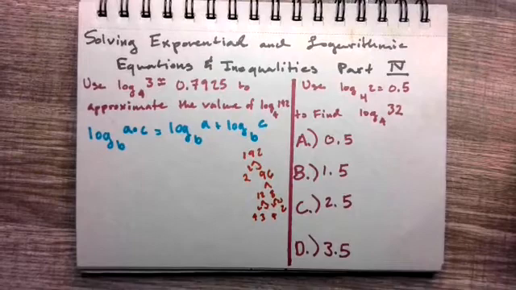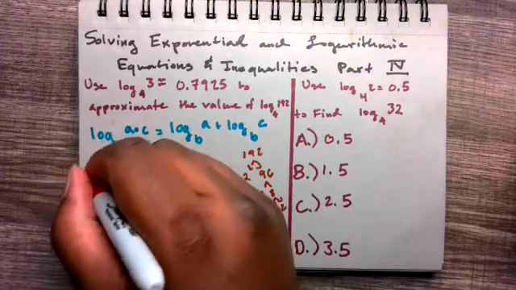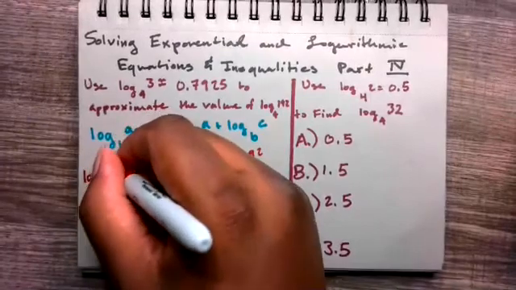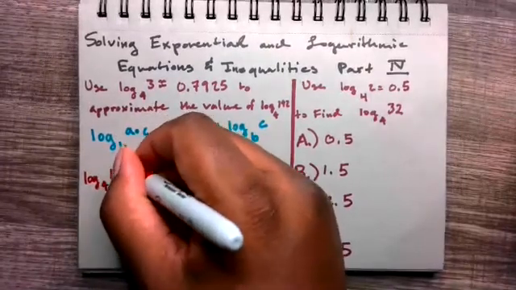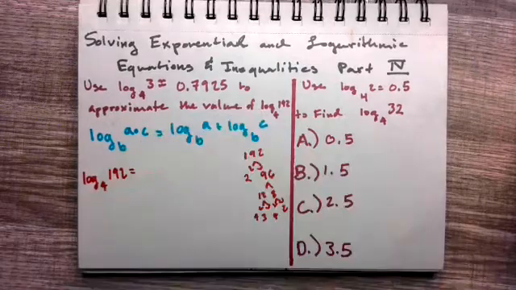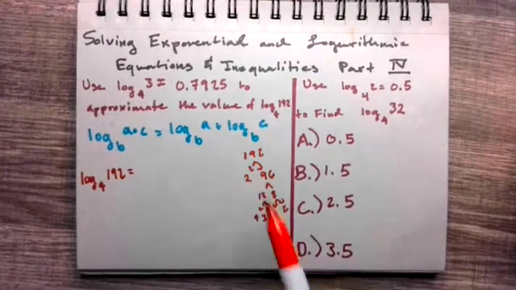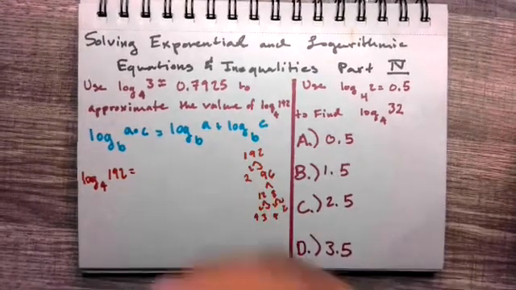Okay, so basically what we got here, if we had log base 4 of 192, I can regroup this to think about it in terms of, okay, I got a 4, and then these 2's together make a 4. So I got 3 4s basically.